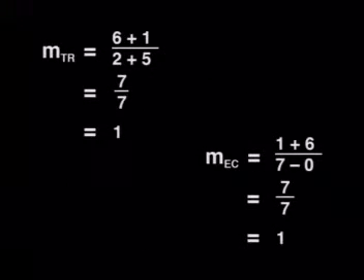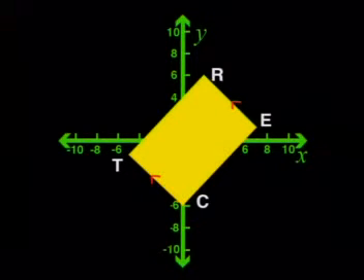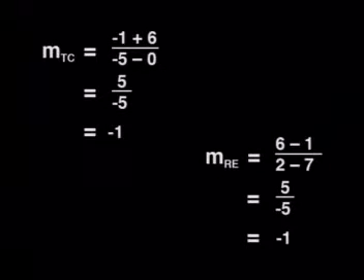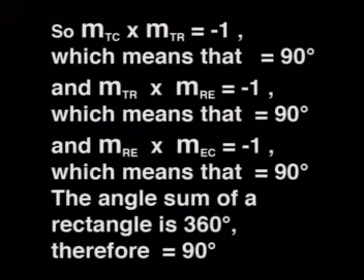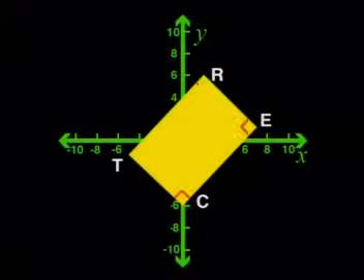The gradients of TR and CE are both 1, so they are parallel. And the gradients of TC and RE are both -1, so they are also parallel. Then we can multiply 1 times -1 to get -1. This means that these lines are perpendicular and so are these.